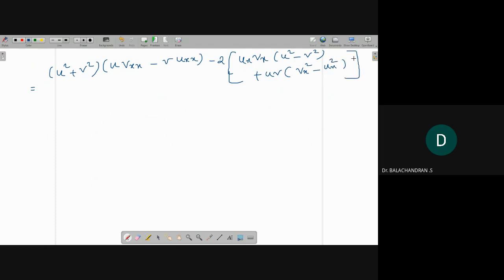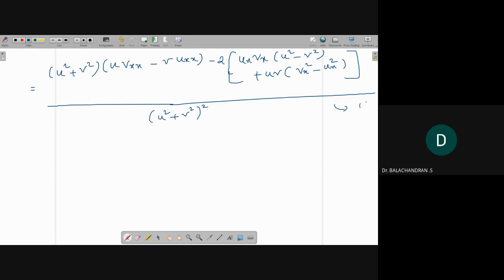Okay, close the bracket, divided by u square plus v square whole square. So this is nothing but equation 1.